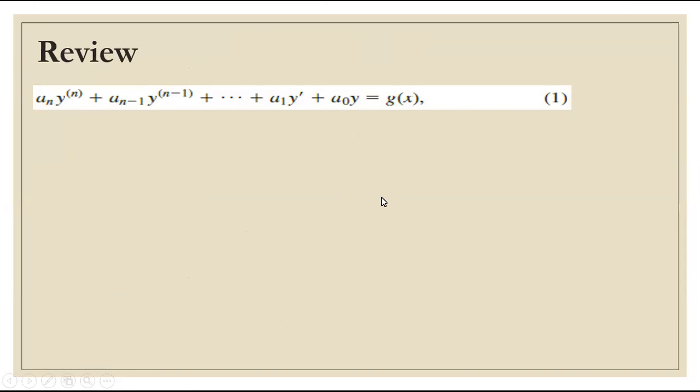non-homogeneous linear differential equation of higher order with constant coefficients, that means those coefficients a0, a1, and so on, an minus 1, and an, are all numbers. Do you remember how we can solve this differential equation?